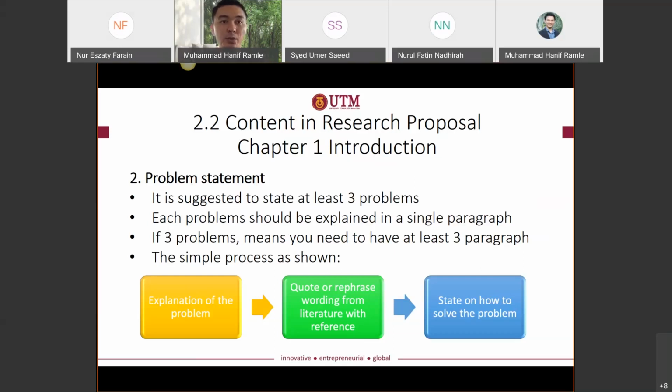Please don't forget to put the reference, to make sure that the problem is coming from the literature. We have evidence, we have proof to mention the problem, and somehow you have to state how to solve the problem. Maybe you can propose that a new study is needed to overcome this problem, for example.